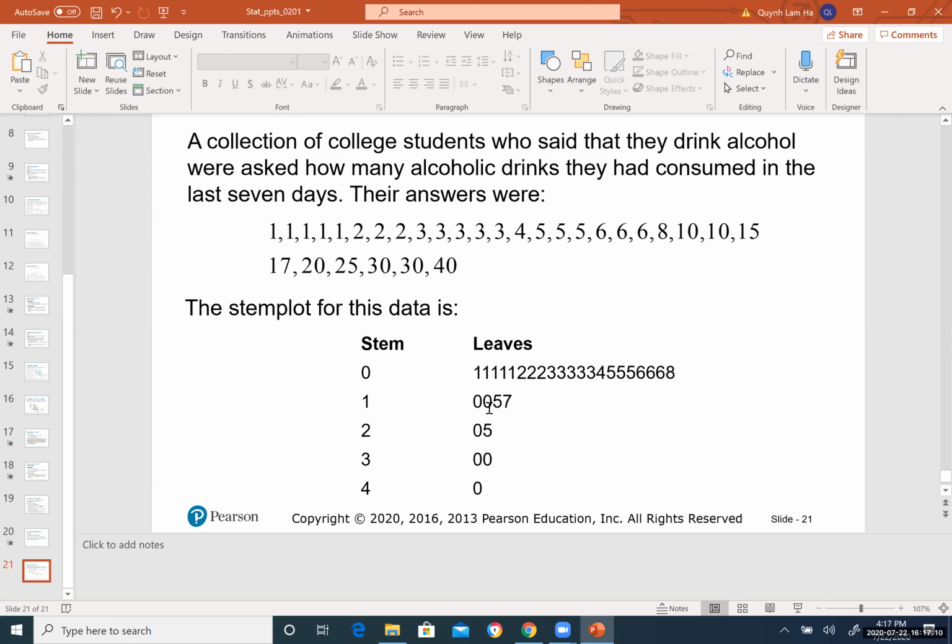You see, you have two 10s, one 15, and one 17. That's how you read it, by combining this. And so on. You see, the 0 right here matters. Like here it is saying that 2 0 means there are 2 people who drank 30 cups in 7 days, and so on.